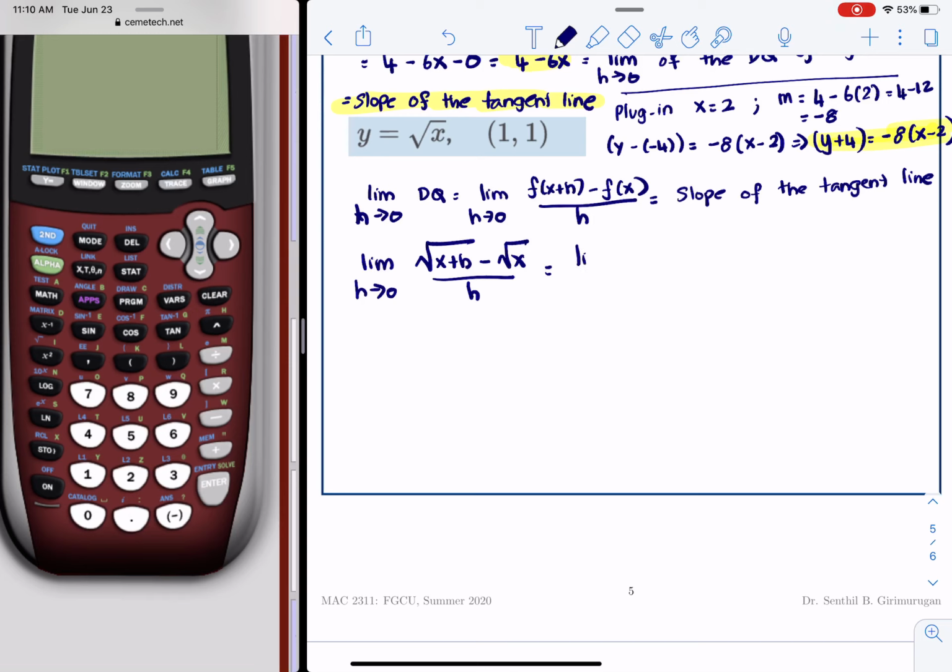We have to rationalize the numerator. So we multiply and divide by the conjugate. The conjugate of the numerator, square root of x plus h minus square root of x, is square root of x plus h plus square root of x.